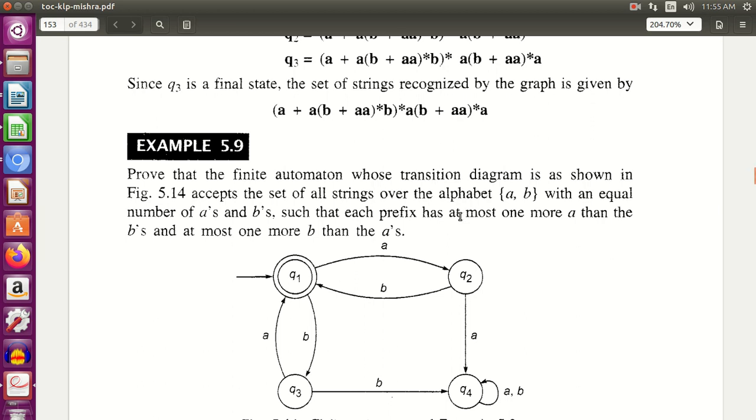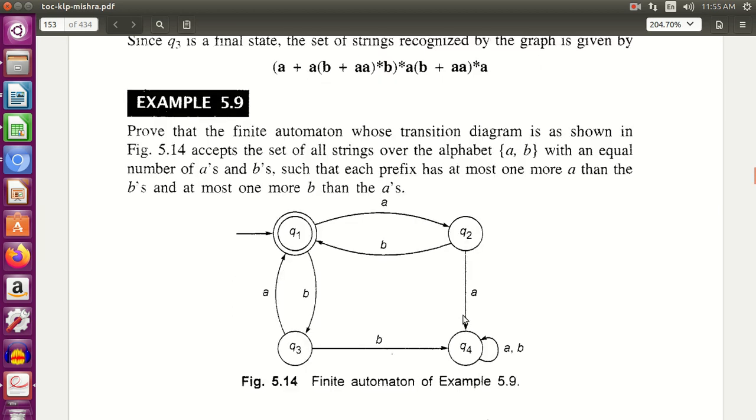The first thing we need to do is, since we are given the transition diagram, or the DFA, we will start solving for the regular expression. Once we get the regular expression, we will try to match it with the statement given here, to see whether it satisfies the statement in the question. So over here, what is the final state? Q1. So we will be solving for the equation of Q1 and not for Q2 or Q3 or Q4.